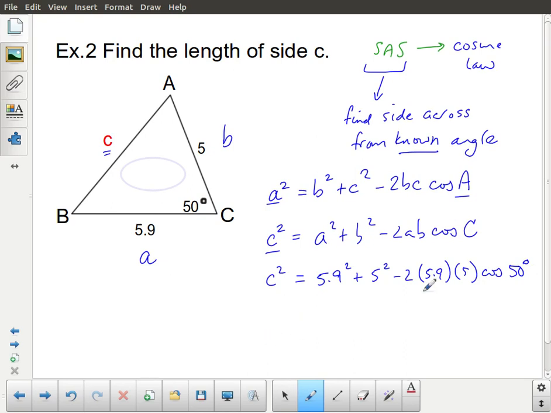So the first thing I'm going to do is calculate c squared, but I always keep everything in my calculator. So it's 5.9 squared plus 5 squared is just 25, minus 2 times 5.9 times 5 times the cosine of 50 degrees. Make sure your calculator's in degree mode. And so I end up here with c squared approximately equal to 21.8855.